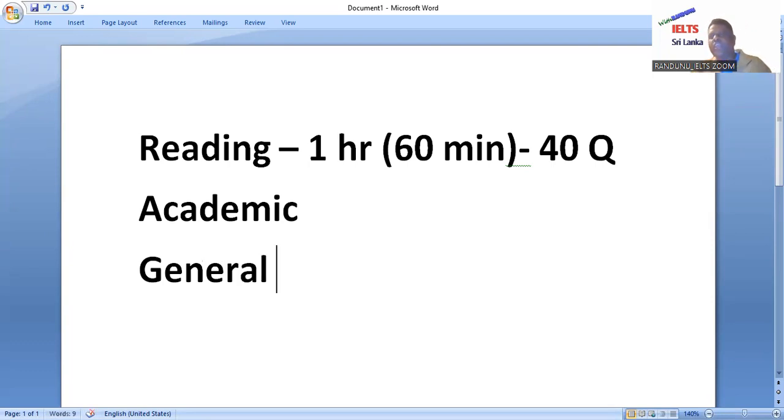it can be general UKVI or general training, or academic UKVI, whatever. There's nothing different in UKVI compared to normal IELTS. The difference comes only in the administrative procedures, how they conduct the exam.